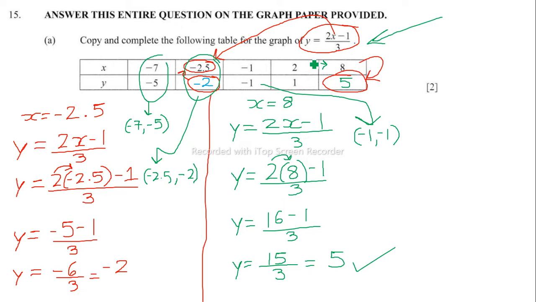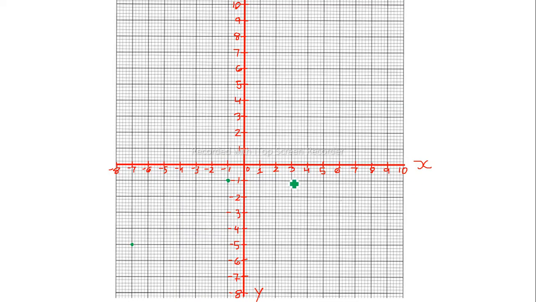Next up we have this other one to plot. What is that one? +2 and +1. Very good. So +2 and +1. So that's right there.